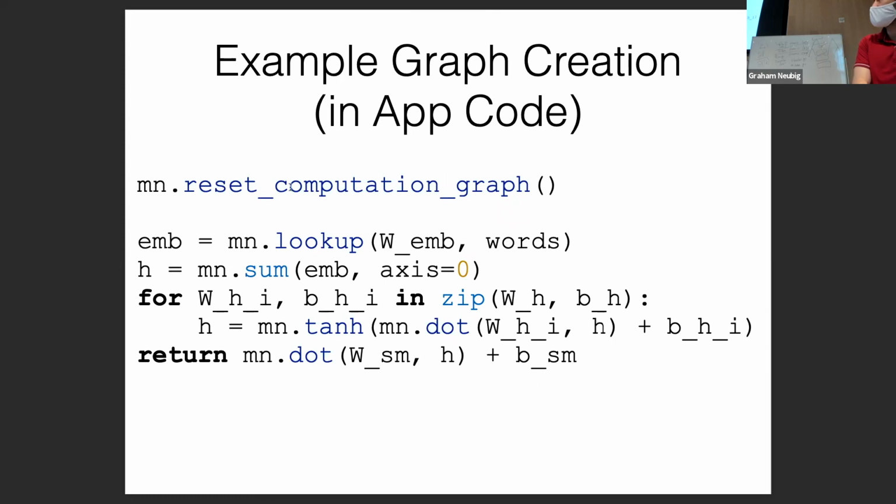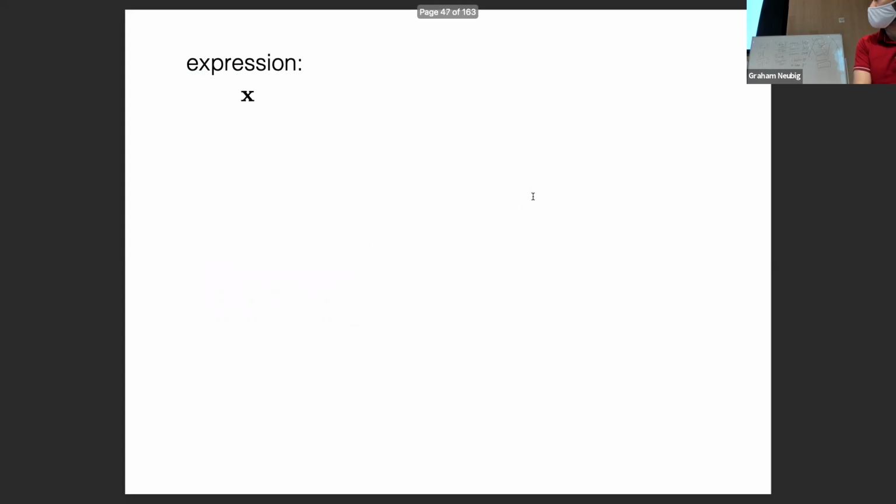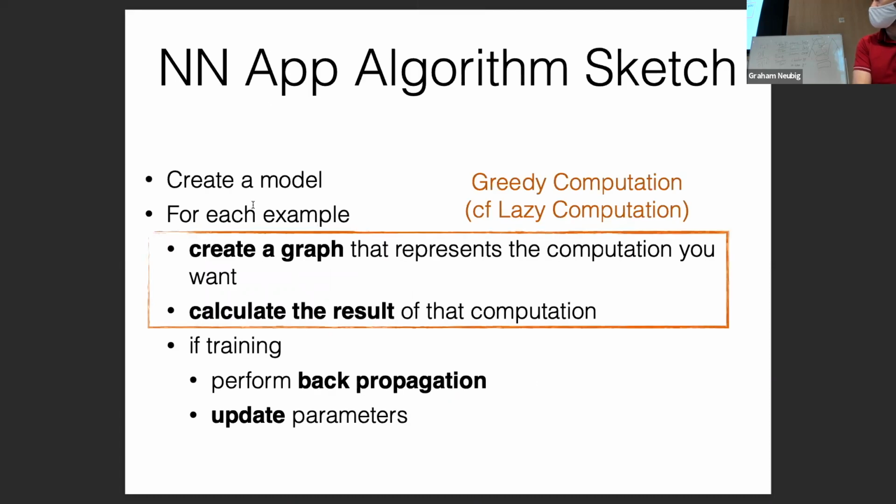So this is what it looks like in app code. So we have this reset computation graph thing here. The reason why we're resetting the computation graph is very commonly, if you look back at the overall view of what a neural network code looks like, it's usually for each example, we create a graph doing the computation that we want, and then calculate the result of the computation.